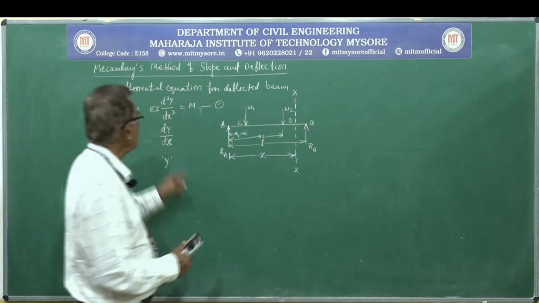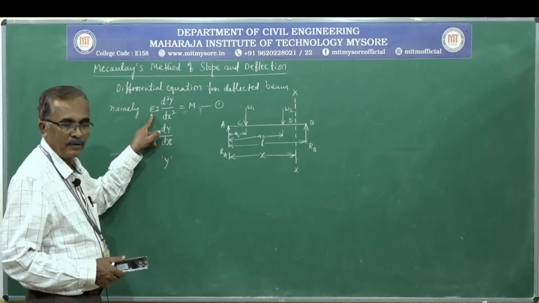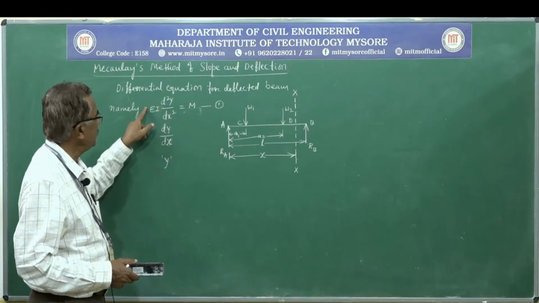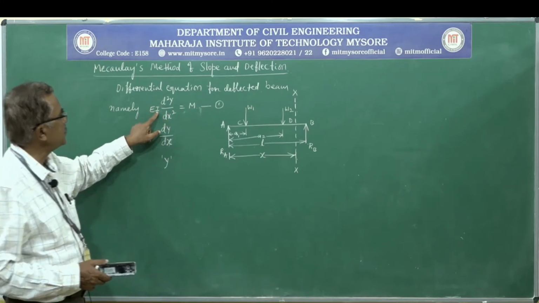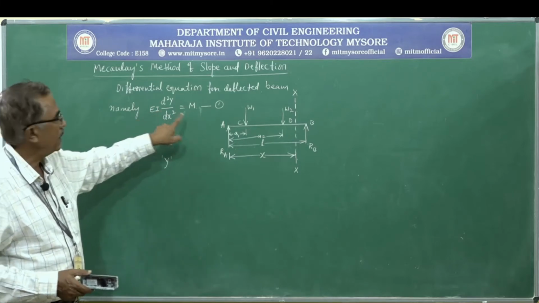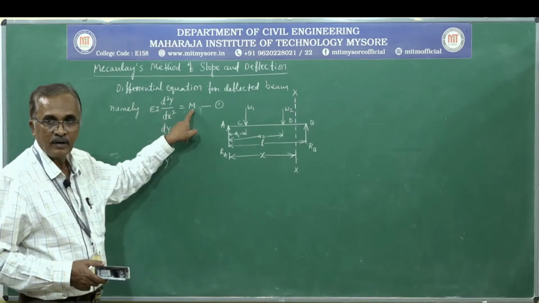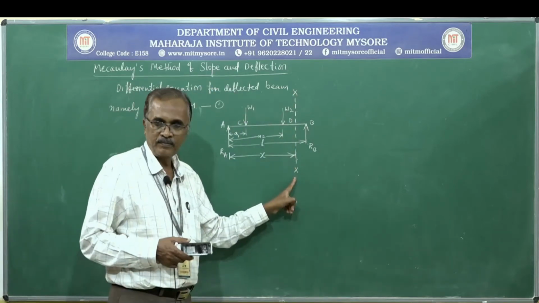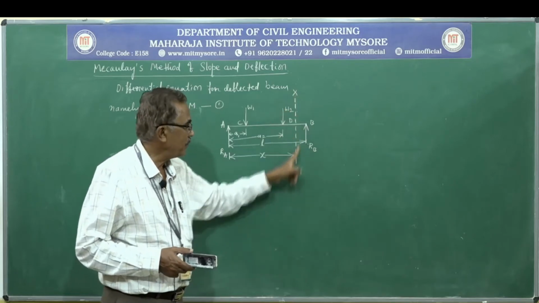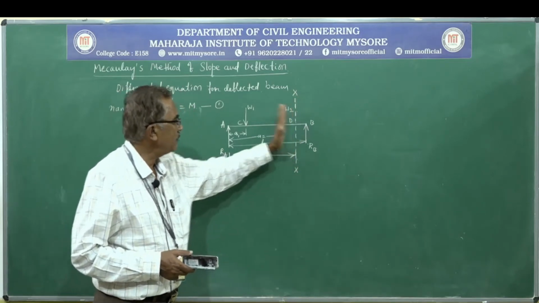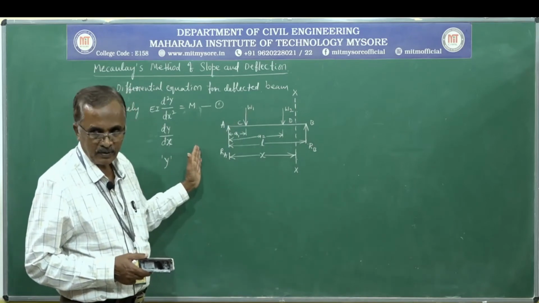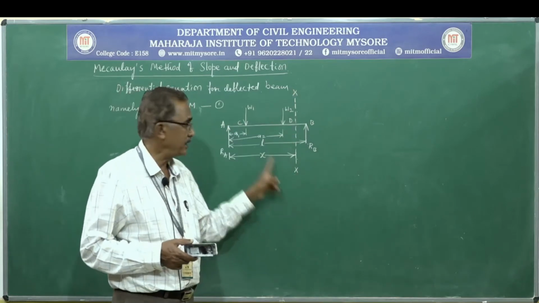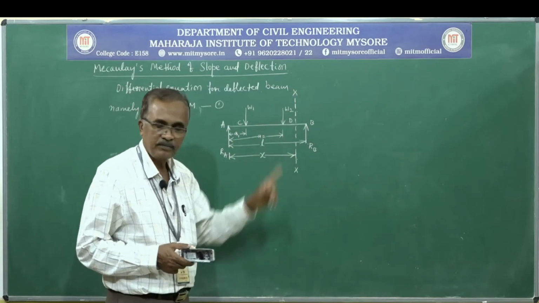In the differential equation for deflected beam, the term EI is known as flexural rigidity, E is Young's modulus, I is moment of inertia, and M is the bending moment about the section by considering forces towards the origin. We selected origin as A and the section in the last segment. There are three segments here, 1, 2 and 3.